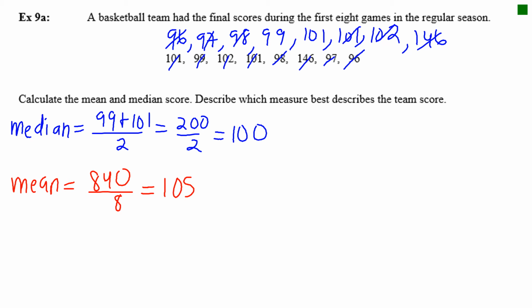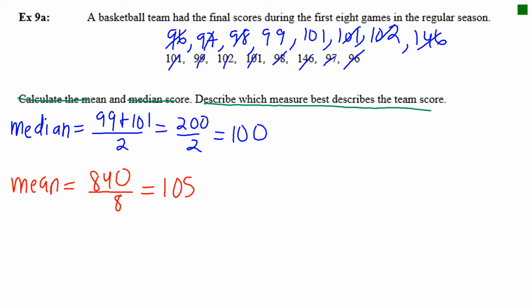Okay, so we calculated the mean, we calculated the median. Now we just need to describe which measure best describes the team's score. Okay. So if you look at the median is 100, the mean's 105. The first score was 101. That's only 1 point away from the median. The second score was 99, again, 1 point away. The third score was 102, which is 2 points away.